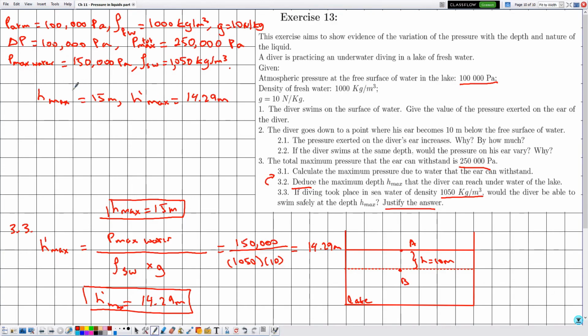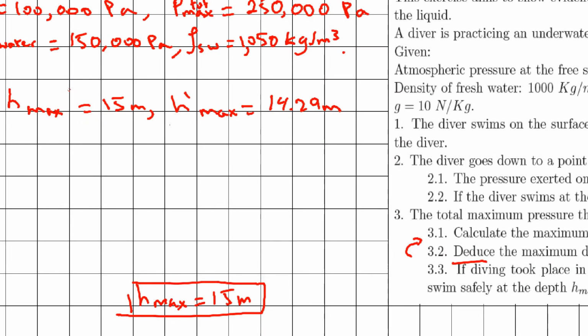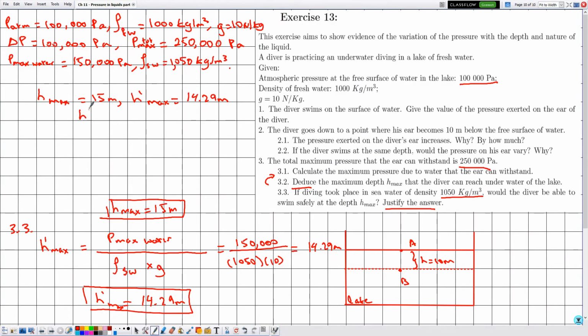And now let's compare both values. We can notice that H prime max is less than H max. So what does H prime max represent? The depth that the diver can swim safely in seawater, which is less than H max, corresponding to the depth safe for swimming in the fresh lake water.